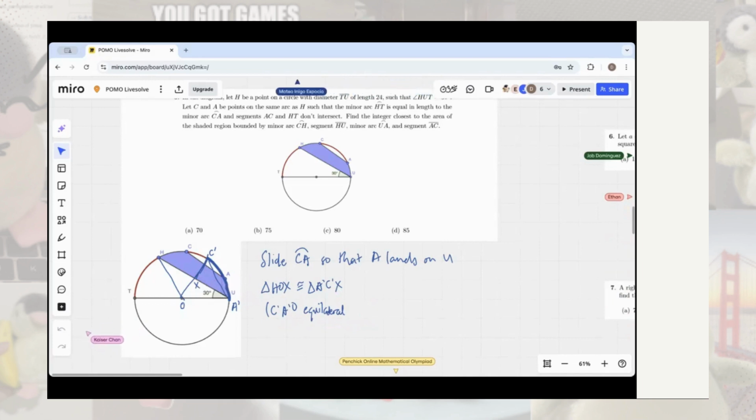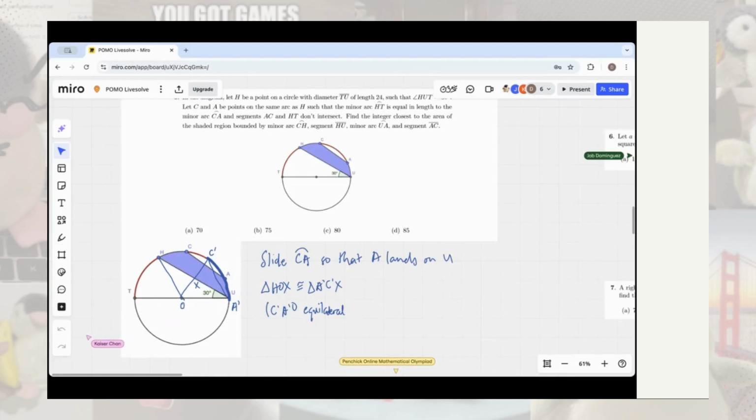So going back, this is equilateral, and then this is 30 degrees, so this is also 30 degrees. So that means that this is 60 degrees. So essentially you have 30, 60, 90.